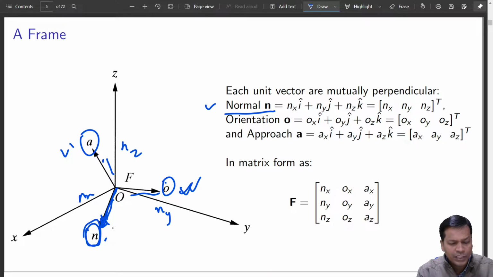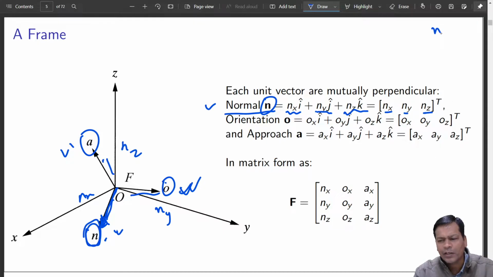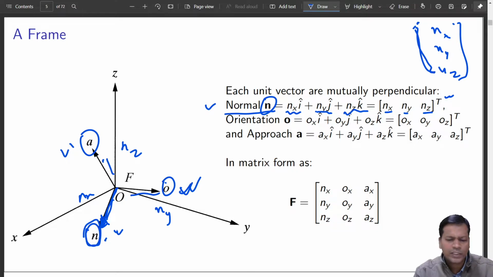The sum of those gives you the normal vector n. This is how we represent it using a matrix, nx, ny and nz. It is a column matrix, which is why I have represented it using the transpose. So nx, ny and nz is a column with which we can represent vector n.